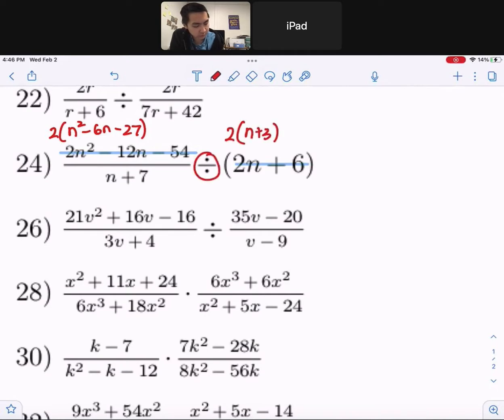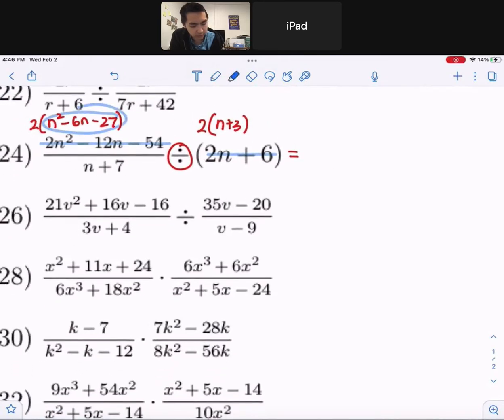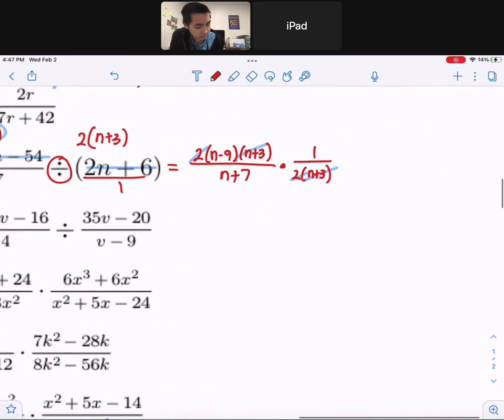So we're going to change this division to be multiplication. We still need to factor out this part, so we use x method: 2 times n minus 9 times n plus 3 all over n plus 7, times the reciprocal of this, so 1 over 2n plus 6, which we know is 2 times n plus 3. 2's cancel, n plus 3's cancel, so all we're left with is n minus 9 all over n plus 7.